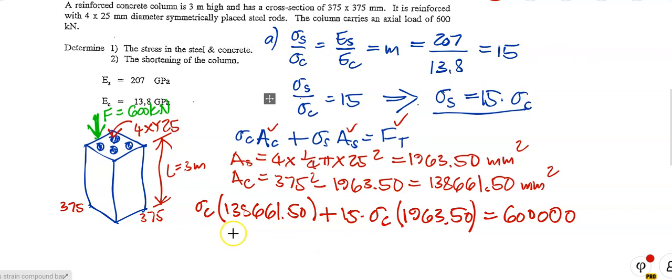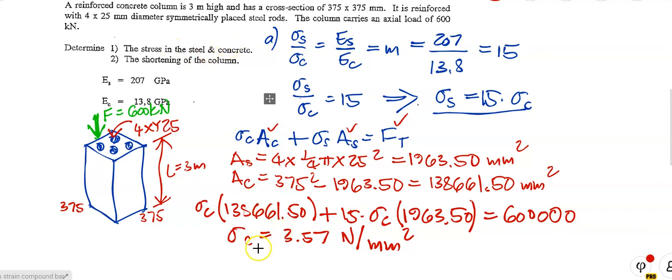The stress in concrete, I got it to be 3.57. And what is the unit of measurement for stress? It is newtons per millimeter squared. The question says determine the stress in the steel and the concrete.